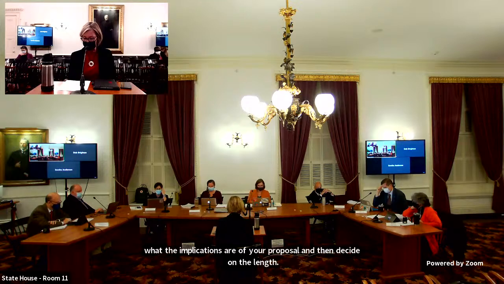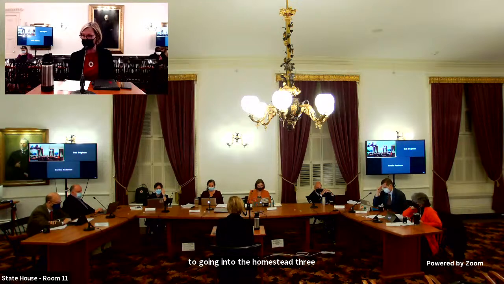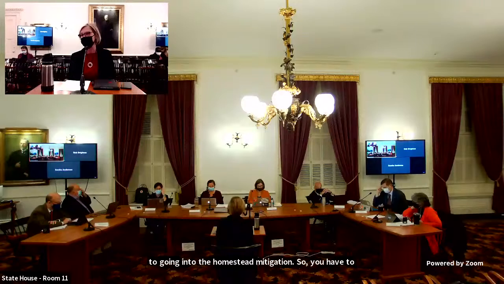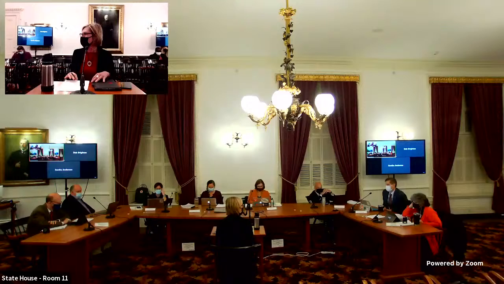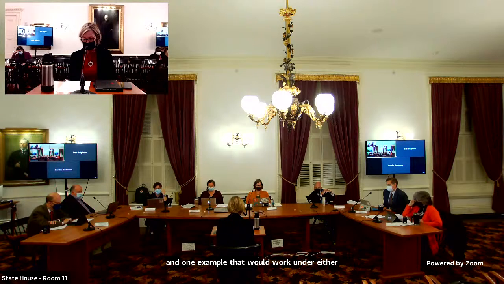Two, going on to the homestead tax rate mitigation. So you have 2 categories of districts. You've got ones with increasing rates and you have ones with decreasing rates, and you can phase them both in, or you might be able to phase in one faster than the other. One example that would work under either of your formulas is just phasing in the rates.